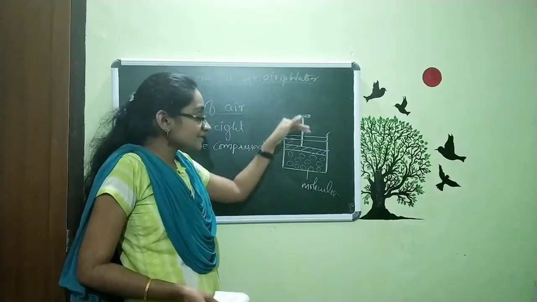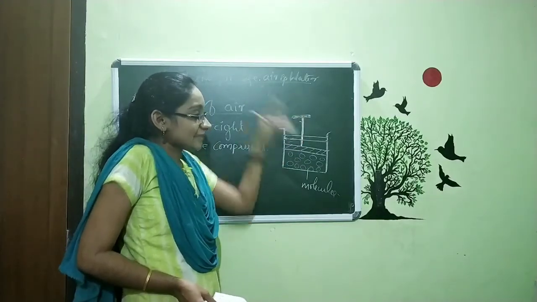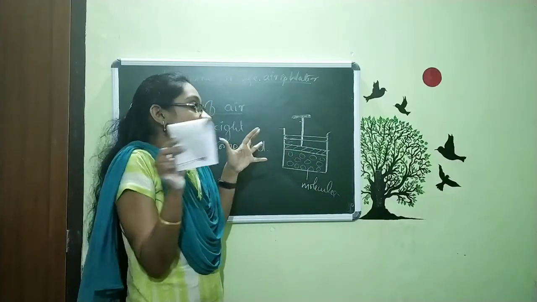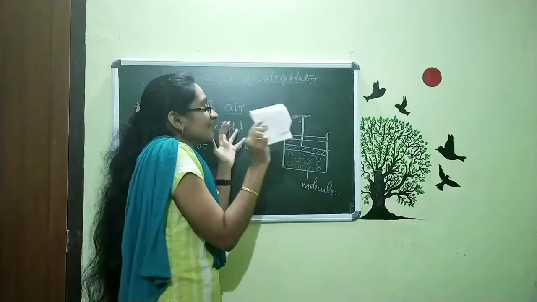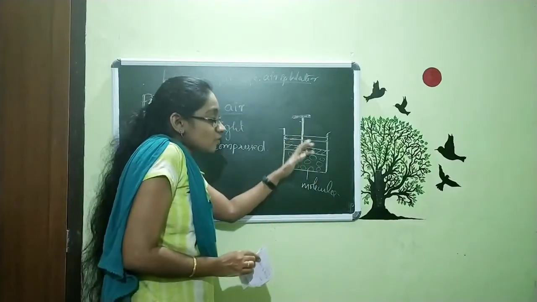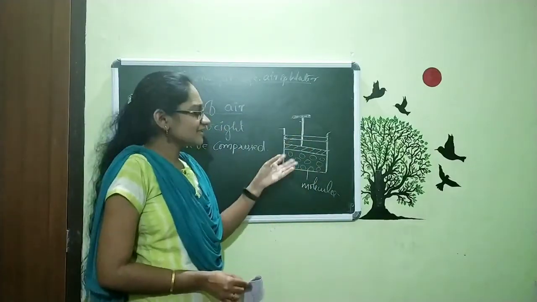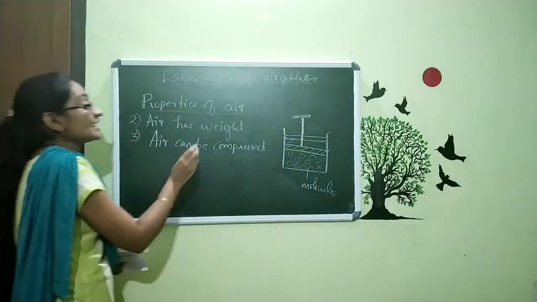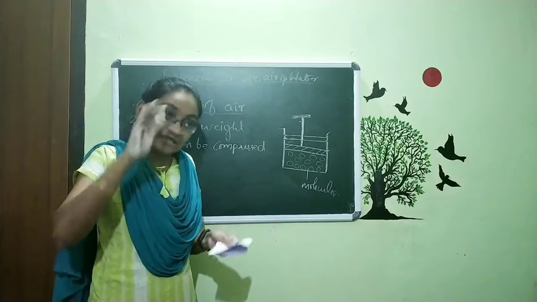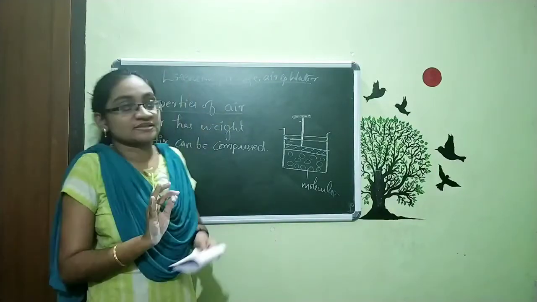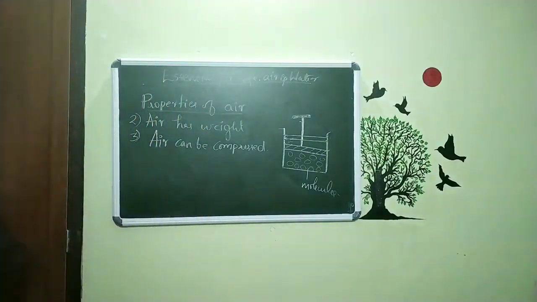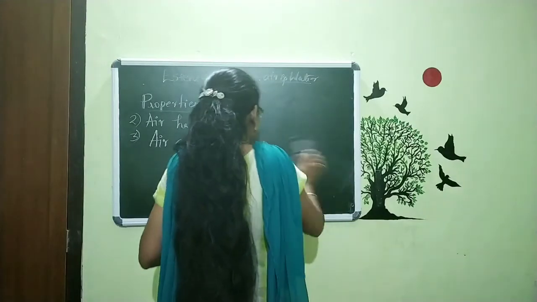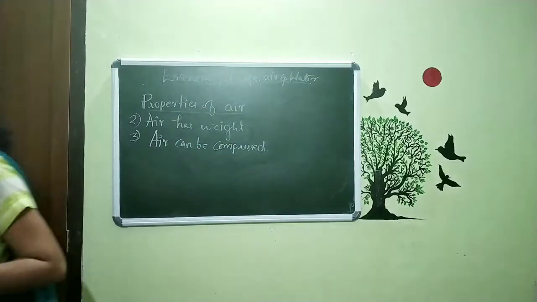But when we give compression, when we give force, they get fitted in a smaller area. That means they can fit in a small region. That's all. So we can say air can be compressed. We can give force and they can get compressed. So that is the third point. Now we can discuss the fourth point about air, and that is also very simple.